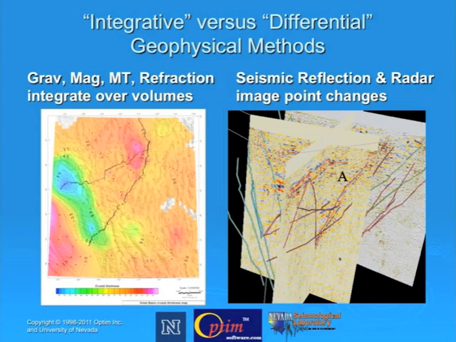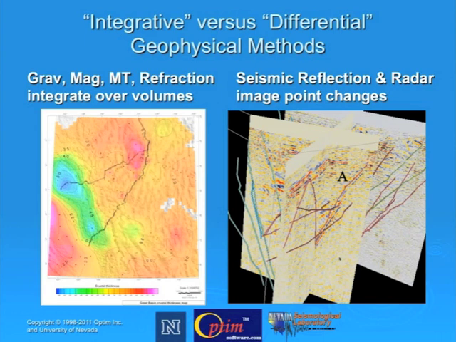So one thing that I need to lay out first is the difference between two different kinds of geophysical methods. One way of dividing geophysical methods is into integrative versus differential. Methods like, as you'll find out, gravity, magnetics, magnetotellurics, and I think you've probably got some idea that refraction and also refraction microtremor, they integrate over volumes.